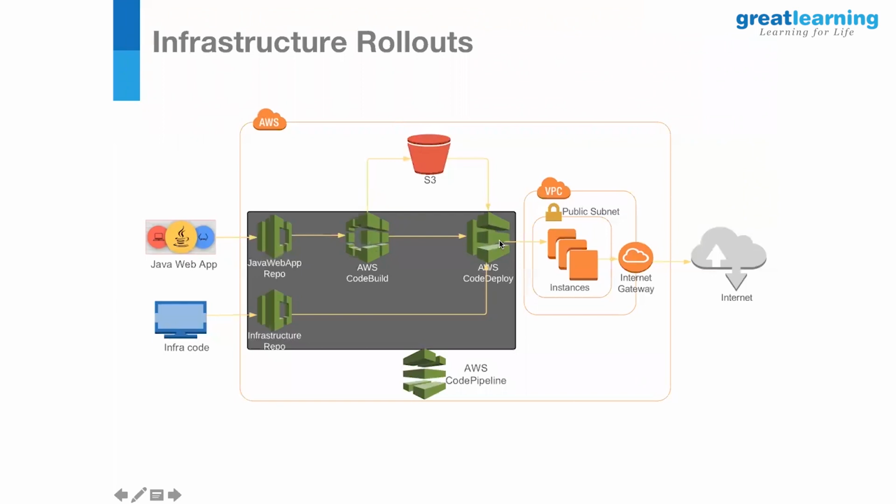First one, the CodeDeploy action invokes the CloudFormation template to create the EC2 instance. Once that EC2 instance is created, we will run the second action of CodeDeploy, which is sequential here. That will deploy the Java web application onto the EC2 instance.